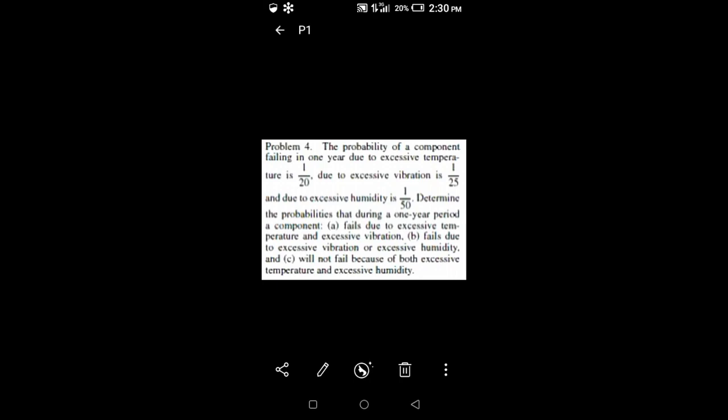So our P is equal to P subscript T times, not plus, times because of the word "and," so you have to call the law of probability in there, times P subscript V, that is for excessive vibration. That is the solution to the first question.